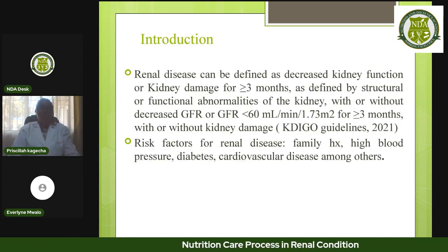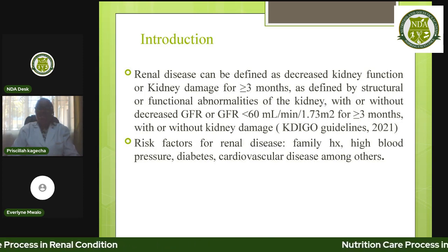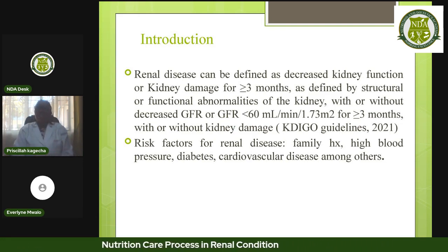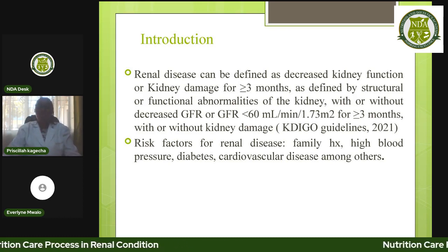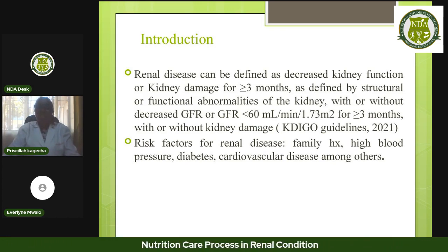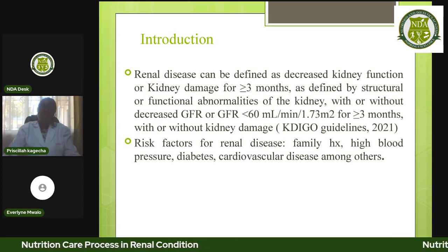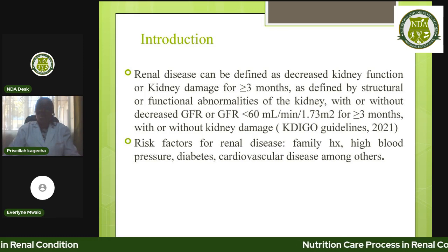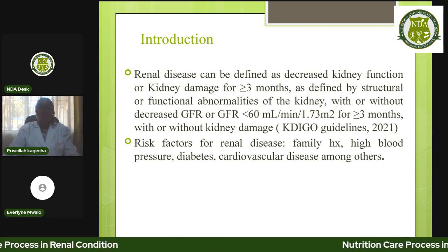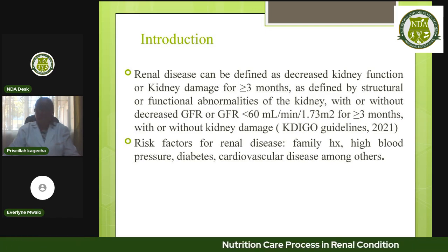So, what is renal disease? Renal disease or condition is defined as a decreased kidney function, or kidney damage for over 3 months, that is defined by a structural or functional abnormality of the kidney, with or without decrease in GFR, or if there's a decrease of GFR below 60 mL per minute per 1.73 meters squared for over 3 months, that we term it as kidney disease.